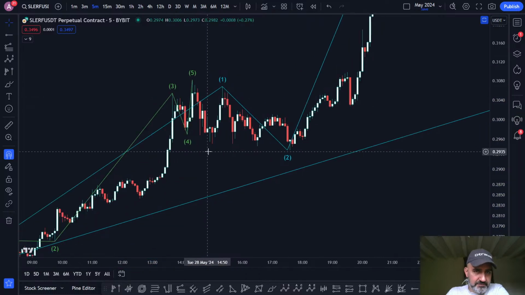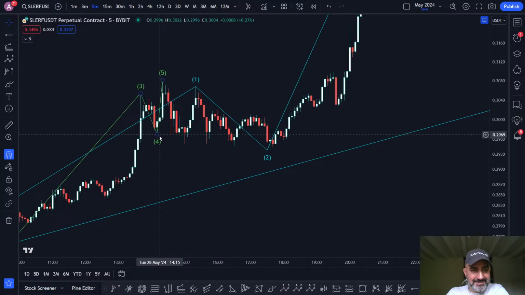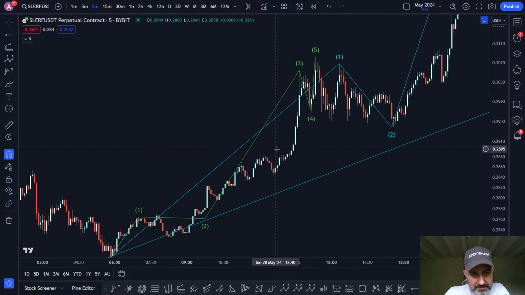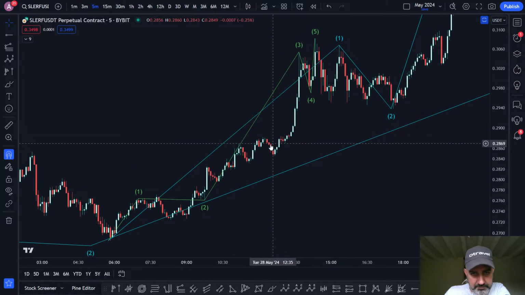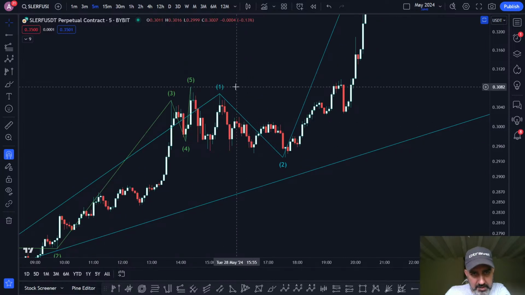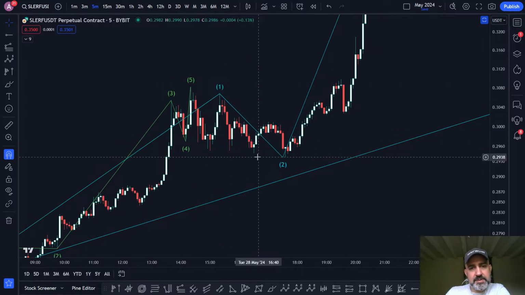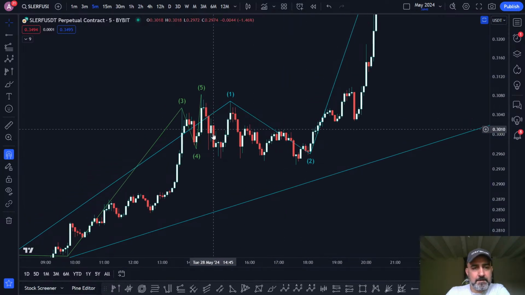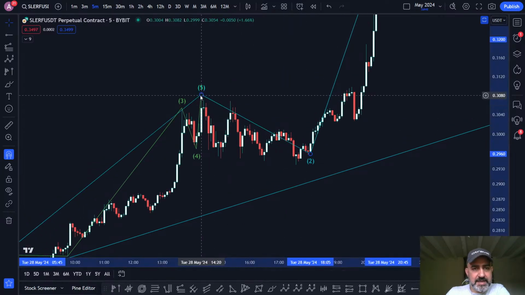So actually that works to there, which makes me think something else then. ABC, ABC, okay, that's fine. But then that 2 starts there. The 5 is there, and then the 1 is there.